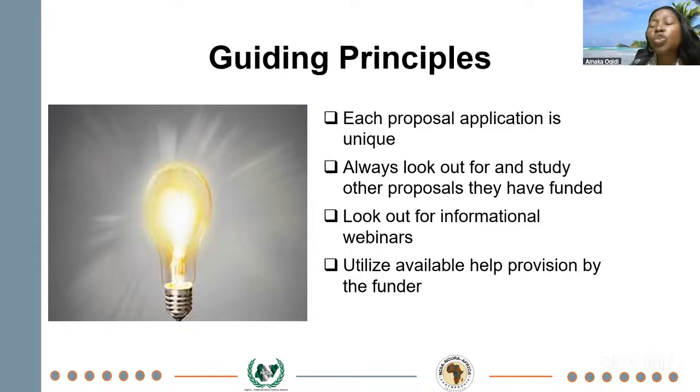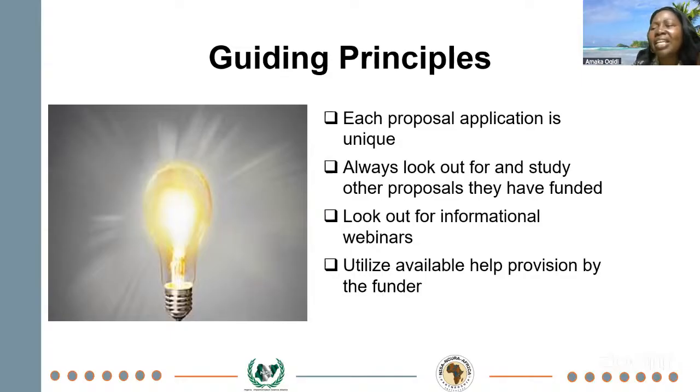The next one is to look out if they advertised an informational webinar to educate as many as wish to apply to that funding application request. NIH is good at it, and I found out that Wellcome Trust is also doing it of recent. If you start early, you will be able to meet the date for the webinar so that you can attend.